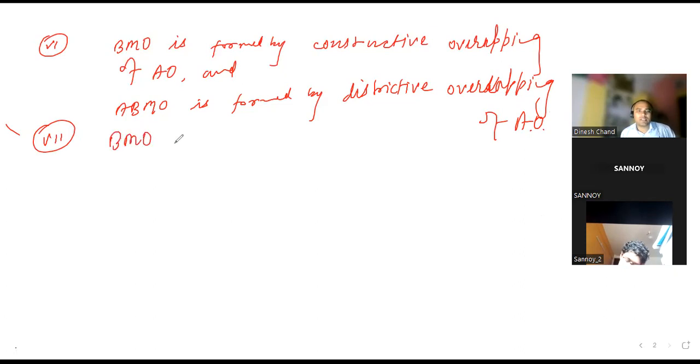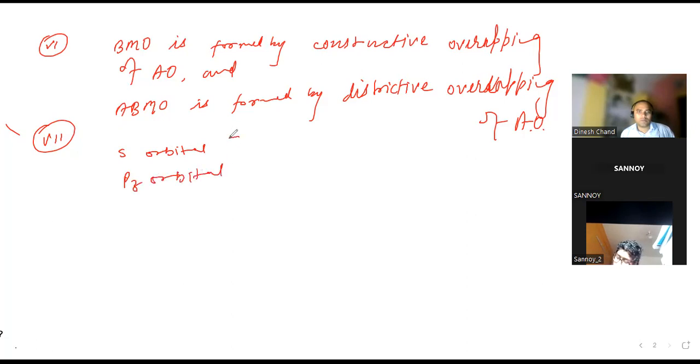BMO results in... Wait, that way we cannot write. See, S orbital and PZ orbital.